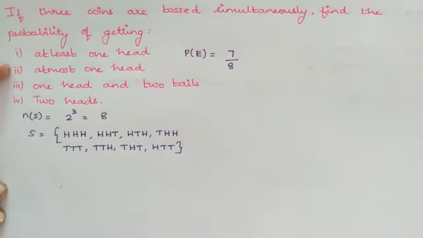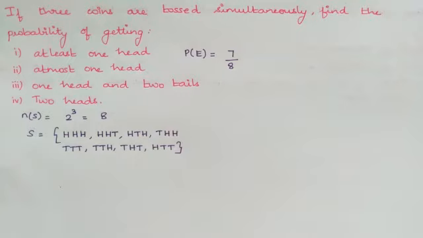Okay, next, at most one head. At most one head means maximum you should have only one head. Minimum there should be no head, that's it. If suppose at most two heads, it means maximum you should have two heads. Minimum you can have two heads, that is one head also, or even if you don't have the head, that's not a problem.